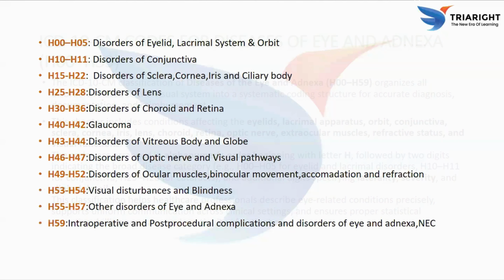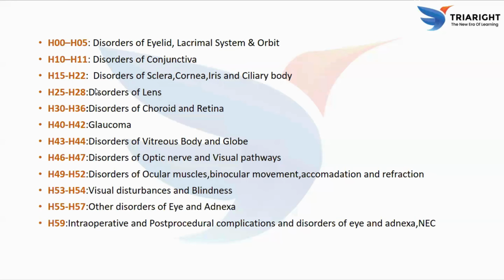So coming to the classification of eye diseases. H00 to H05: this category includes the disorders of eyelid, lacrimal system and orbit. H10 to H11, disorders of conjunctiva. H15 to H22, disorders of sclera, cornea, iris and ciliary body.